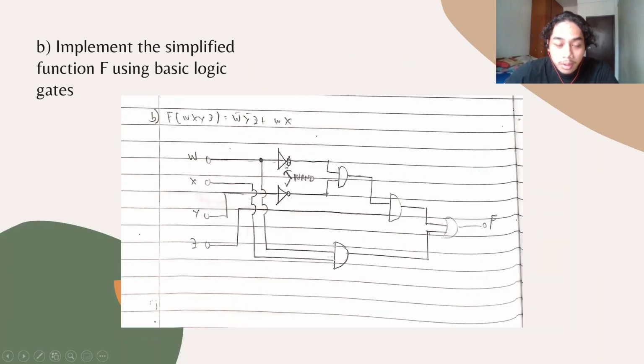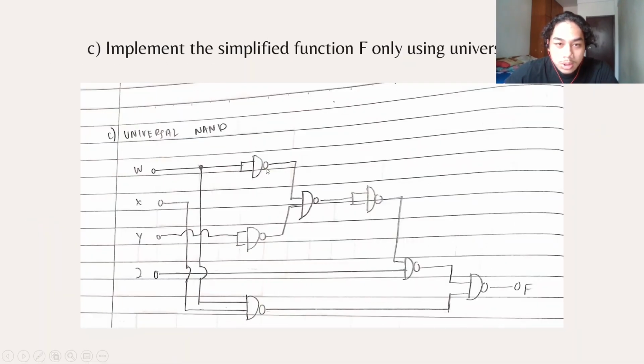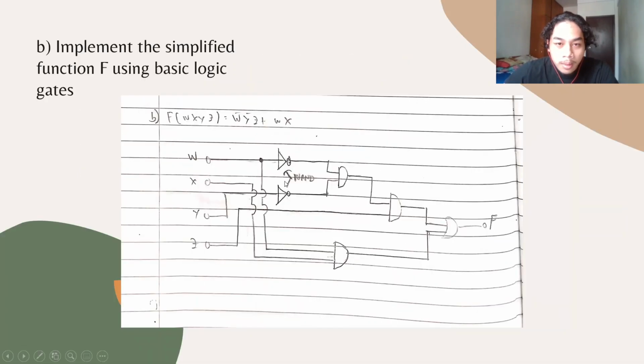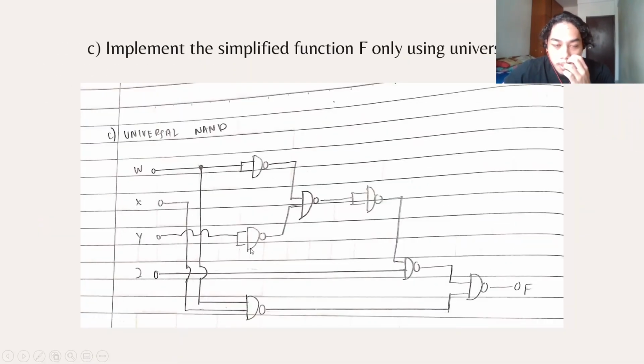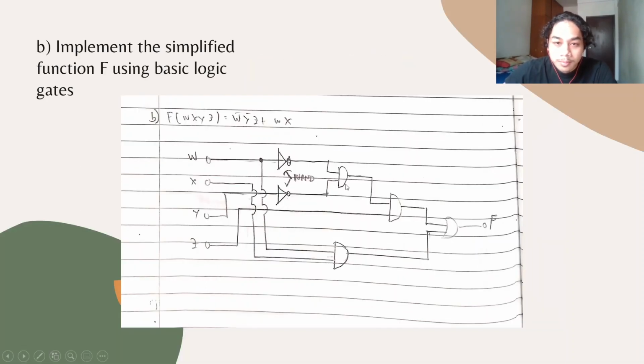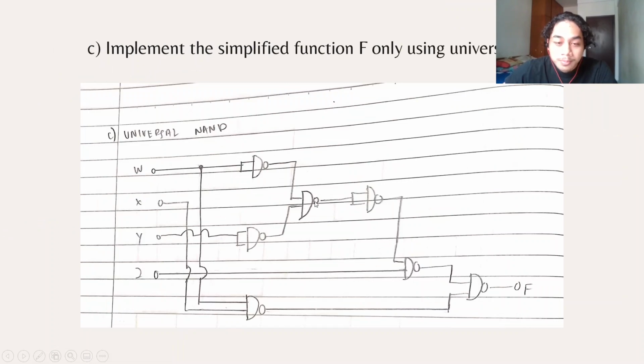So from the diagram before, the NOT gate we change directly into a NAND gate, for both the W bar and Y bar, and for the AND gate here we add a dot here, and to balance the output we need to add one NAND gate here.